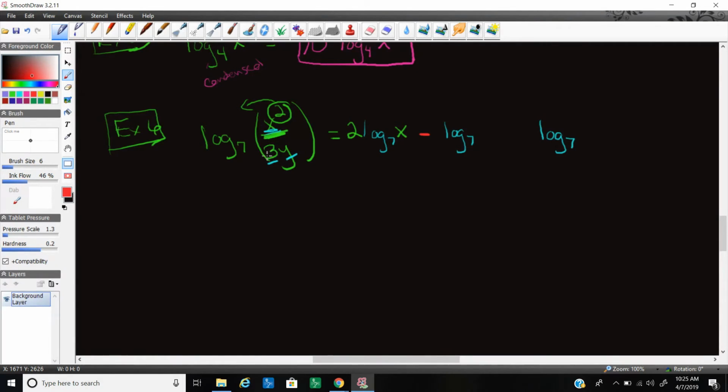Okay, and then we're going to take care of that 3, this 3 right here. So that would be here by this log. And finally, we have y, which is also underneath. But since we already took care of the division here on this spot right here, we're just going to consider 3 times y, which would be multiplication. So that would be a plus. And then there's my y.